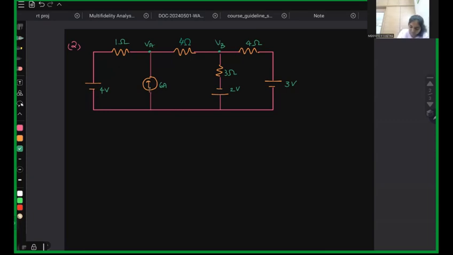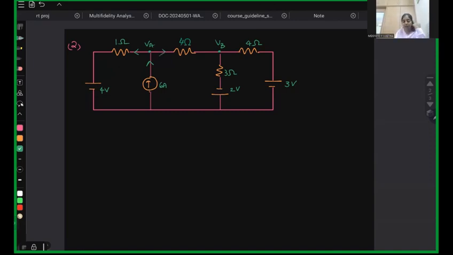Here we can see that there's a current source where the current is flowing in this direction. As this is at a higher potential, the current flows from here to the left and right branches.